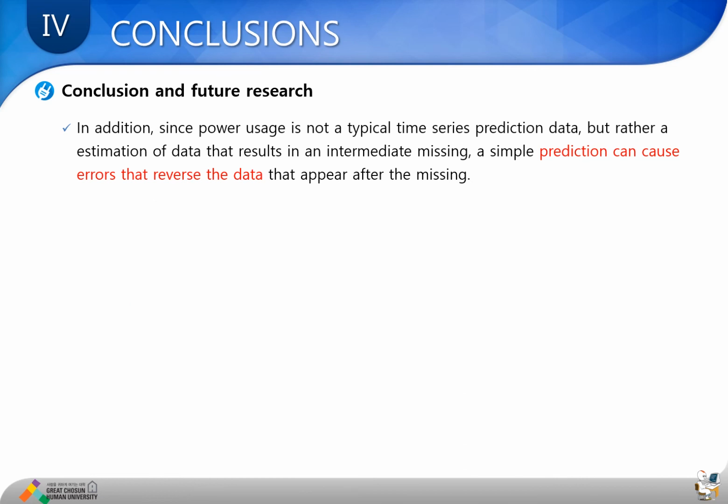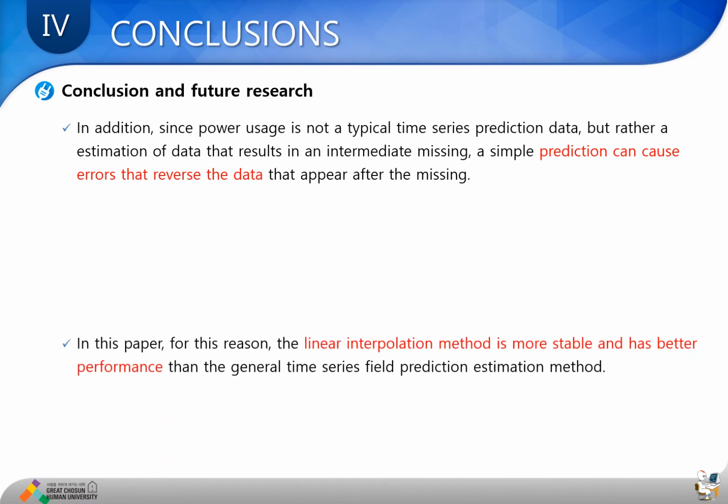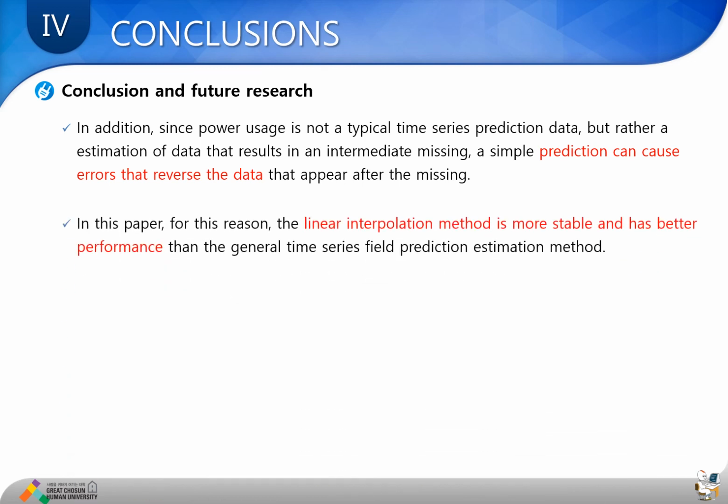Since power usage is not typical time series prediction data, but rather estimation of data that is missing in the middle, a simple prediction can cause errors that reverse the data that appear after the missing section. In this paper, for this reason, the linear interpolation method is more stable and has better performance than the general time series prediction estimation methods.